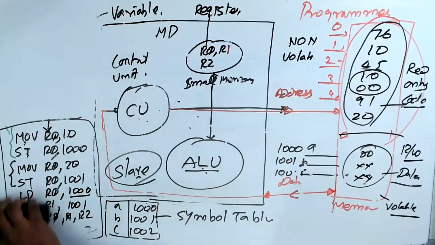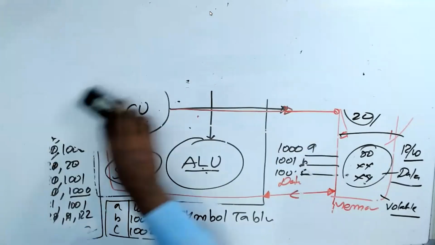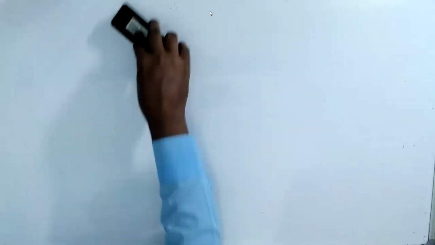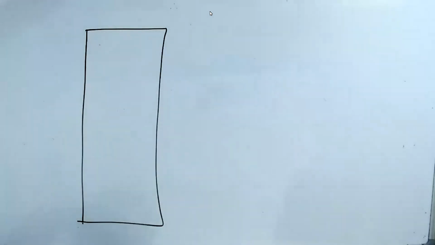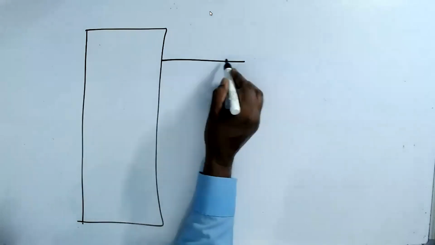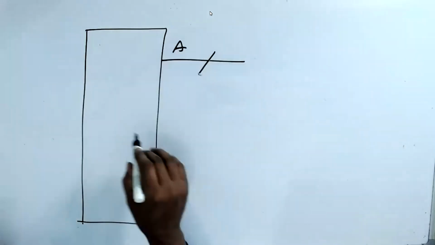Now, here's a trick. Please understand this. What I'm telling you is the most important fact. You should know how to differentiate these two. All microprocessors in the world have address wires. And they have a write wire.